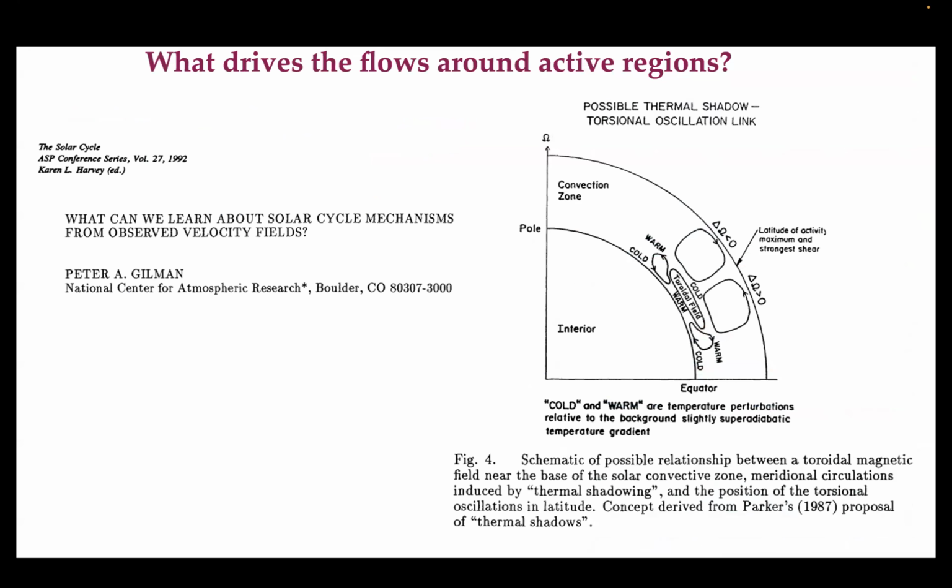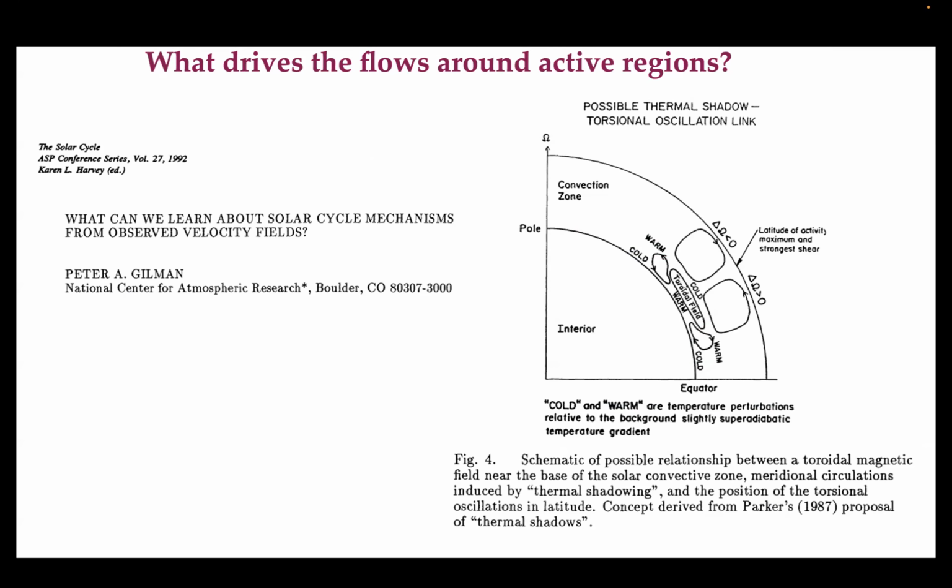So now I want to conclude by saying that I think what really drives the flows around active regions are flows at somewhat deeper layers. I want to use this analogy, which was proposed by Peter Gilman long ago for flows near the tachocline: whenever there is a collection of magnetic flux as toroidal field at the deeper layer, it produces a thermal shadow. This is based on the idea of Parker.